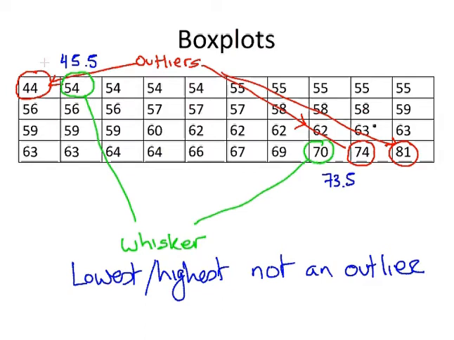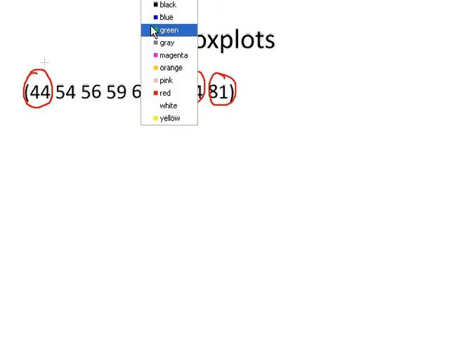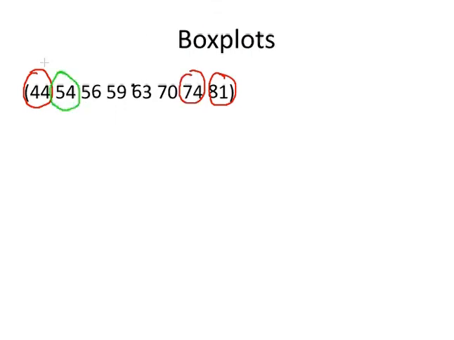Okay, so we're able to start our box plot now, and I've tabulated here all the relevant points. Let's check them off again. We have our outliers here, 44 and 74 and 81. We have our whiskers, which are 54 and 70, and we have our interquartile range here, and Q2, the median.